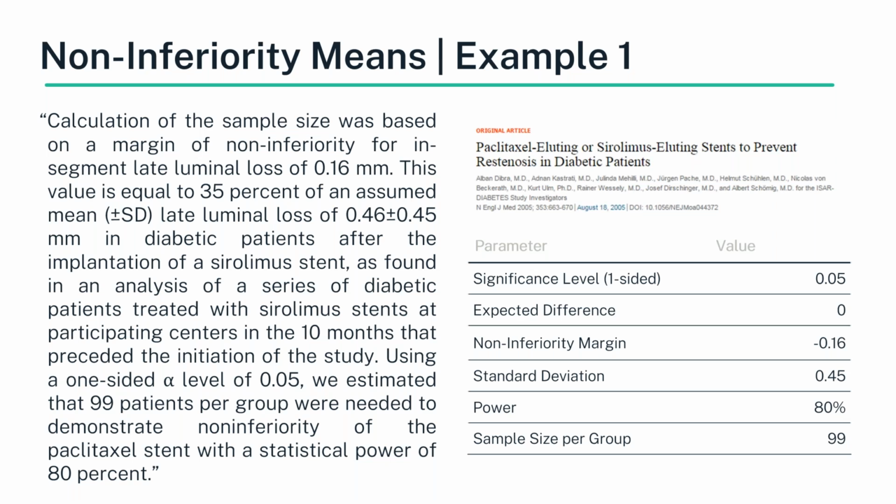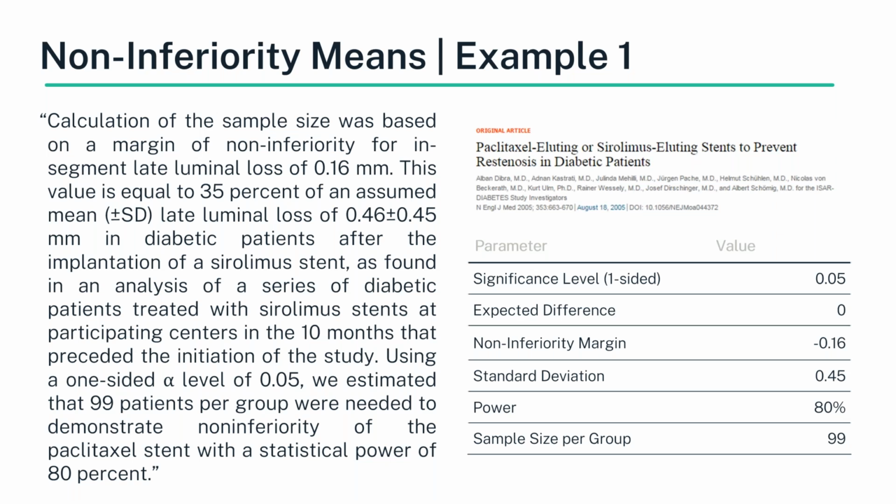And so the primary endpoint was in-segment late luminal loss. On the left here, we have text from that paper outlining the sample size calculation. The non-inferiority margin, I should say, was set at late luminal loss of 0.16 millimeters. The expected difference was 0.